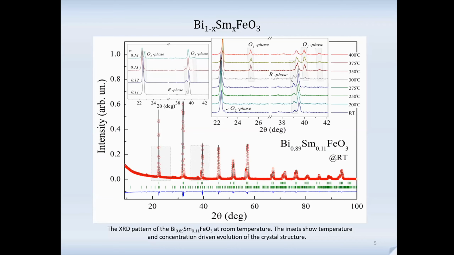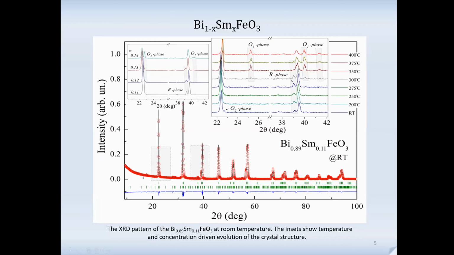And how to prove this? Okay, let's look at the X-ray pattern refined using two phases. As was mentioned before, this one is rhombohedral, the so-called R phase, and another one is orthorhombic, antipolar.